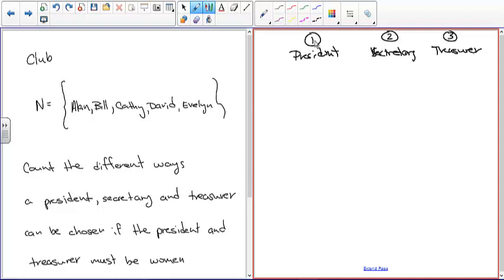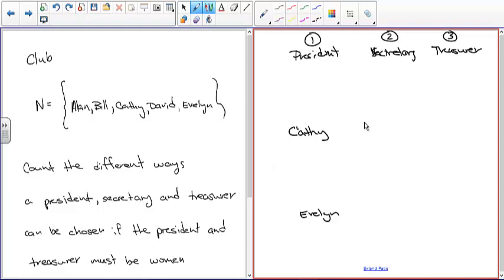Okay, so when you choose a president, president has to be a woman. So we look in here, we have 2 choices. So when we make the choice for president, it's either Kathy or it's Evelyn. Now, because there are only 2 women, one has to be president, one has to be treasurer.